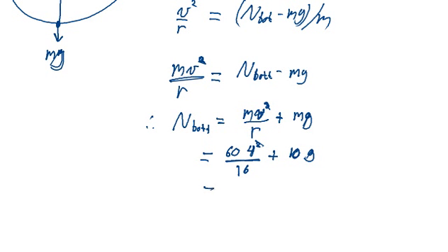Alright, so we have 4 squared, which is 16, divided by 16, which is 1. So we have 60 times 1 plus 60 times 10. So we have 60 plus 600, which is equal to 660 newtons.